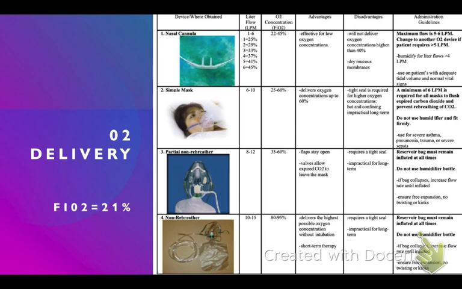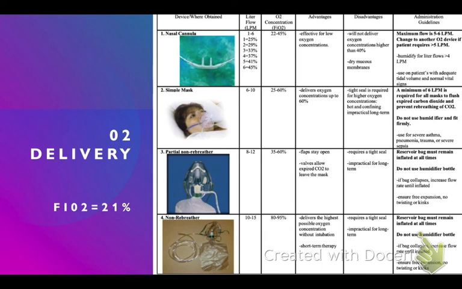It delivers the highest oxygen possible without intubation, and it's short term, but this non-rebreather has the valves to allow the CO2 to be blown off. So that's just a quick review on the different delivery methods.